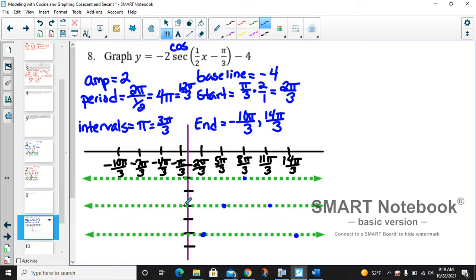Follow that pattern. Don't put a point on the y-axis because it was not one of my intervals. So now I connect this with a nice smooth curve, as smooth a one as I can get on here.